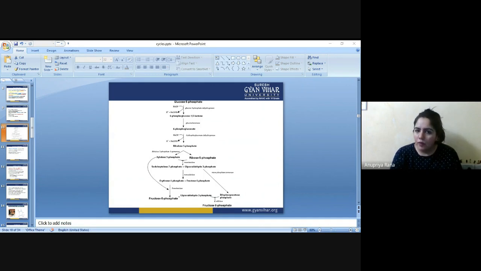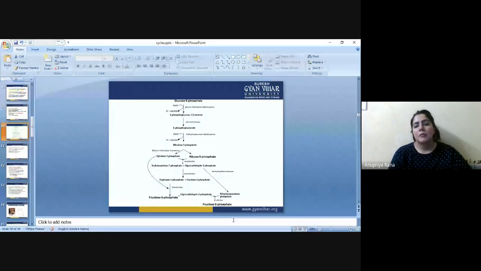Basically, what you have to remember, the key thing is the oxidative and non-oxidative phases. The major reason we are doing this is because we need NADPH for the formation of fatty acids and other steroids, and we also get ribose 5-phosphate, a major component of nucleic acids for further genetic activities.